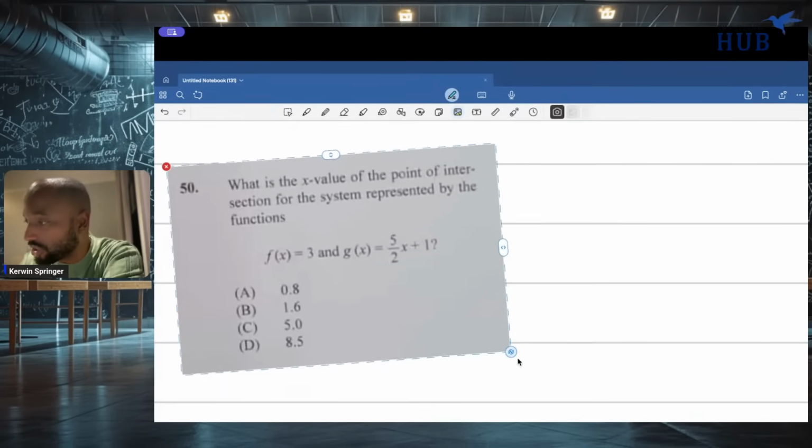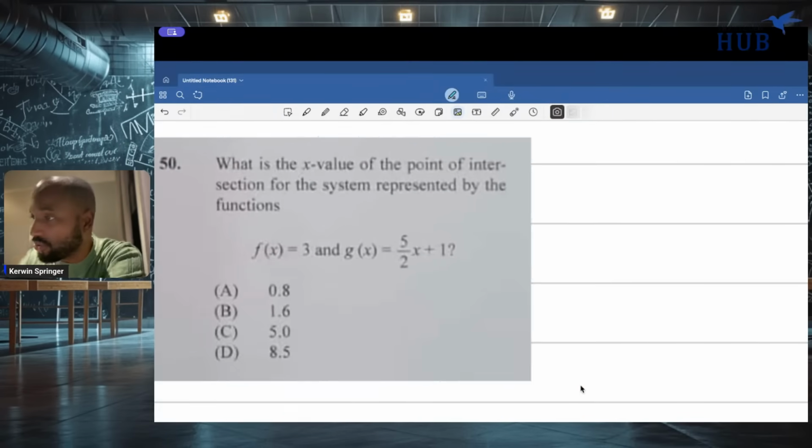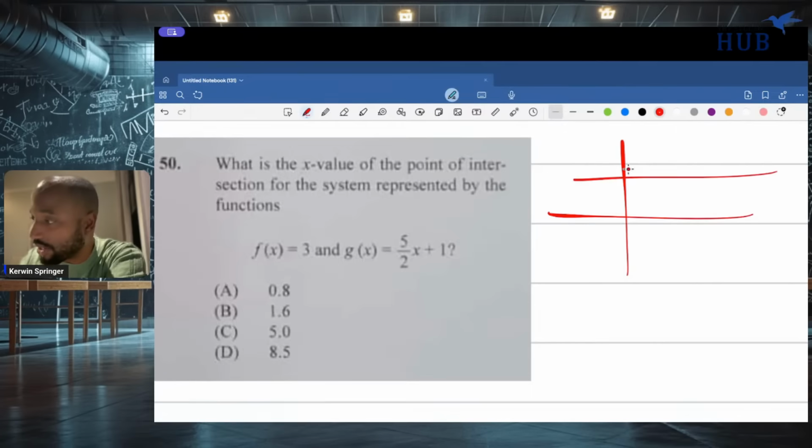Okay, so a functions question. When have we last seen one of these? What is the value of the intersection for the system represented by the functions f of x is 3 and g of x is 5 over 2 x plus 1? So f of x is 3 is like the line y is equal to 3. And g of x is 5 over 2 x plus 1. Somewhere here they intersect. We just want to equate the two to each other to find the x value.